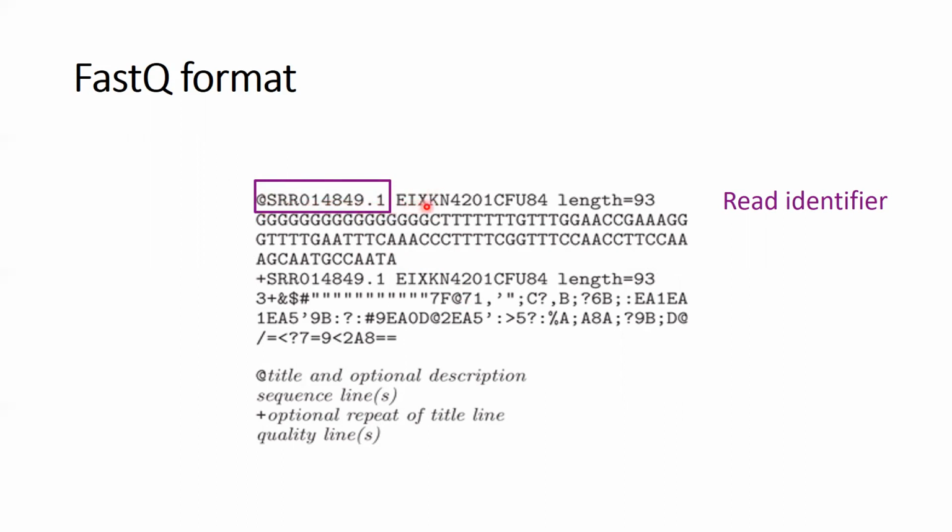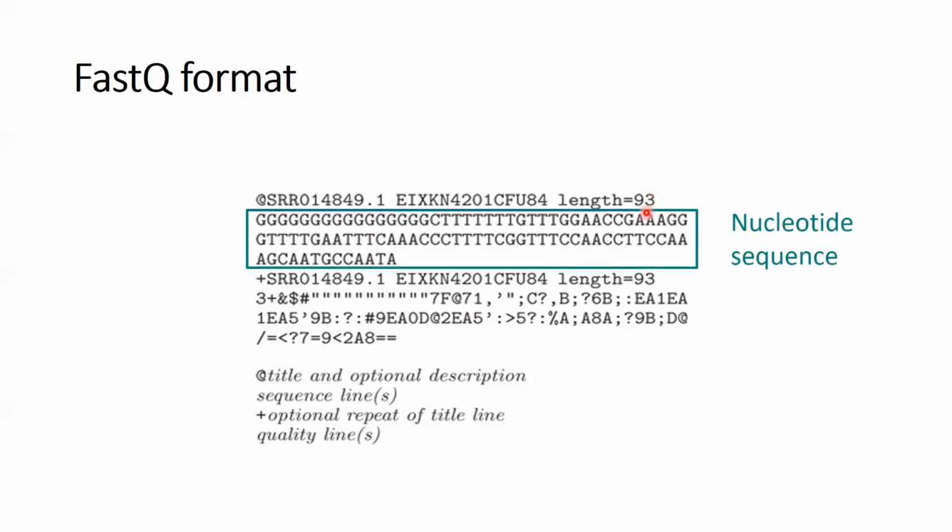Following the read identifier, you have a string of characters that can have different meanings and can look a little bit different from the one I'm showing you here, depending on the sequencer used. But for instance, here you can already extract the information that our read has 93 base pairs. On the following line, you have the nucleotide sequence as determined by our sequencer.